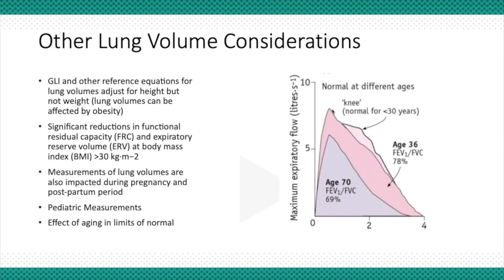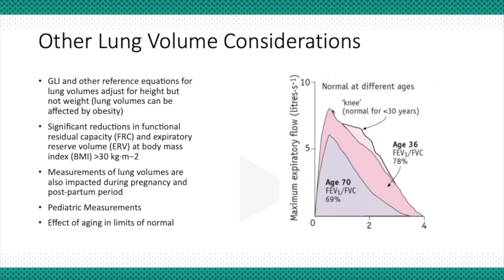Nevertheless, GLI equations have tried to give one consolidated equation, but it's also to be remembered that with age, the same value of normalcy may change without any morbidity. So what may be the ratio of FEV1 and FVC for a patient at the age of 36 years, at the age of 70 years, his ratio may normally be low.